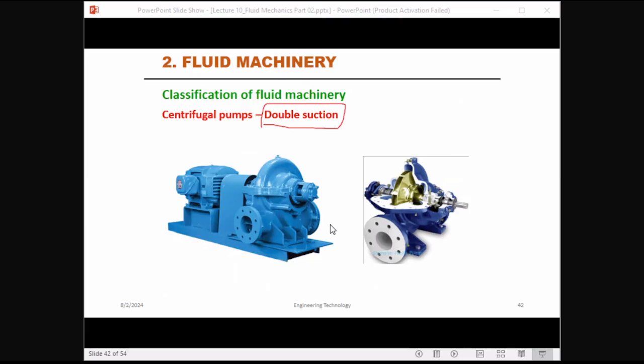Then we can take high head and high flow rate using these double suction centrifugal pumps.